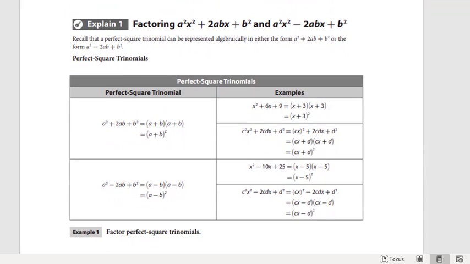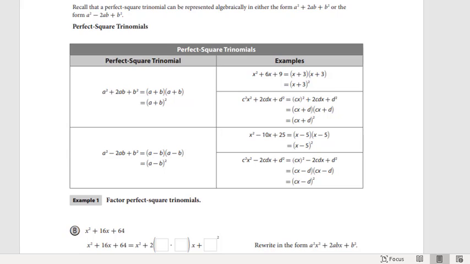All right, so these are what's called a perfect square trinomial. They take the form a squared plus 2ab plus b squared, and then they factor into a plus b times a plus b, or a plus b squared, or a minus b squared.